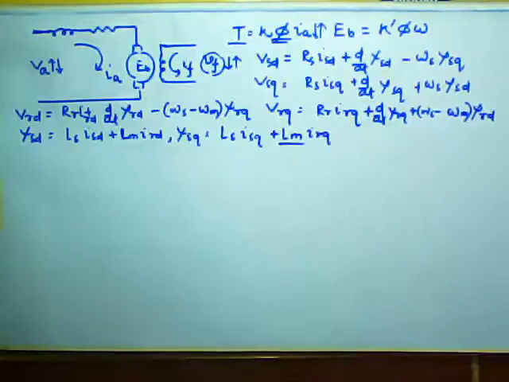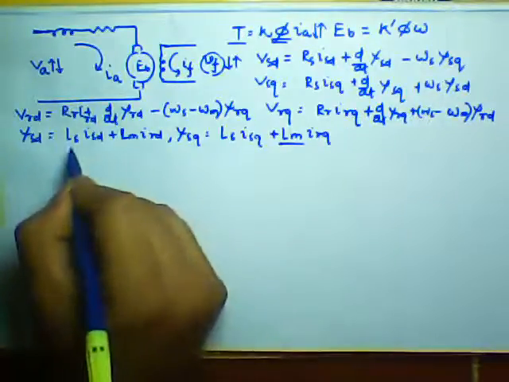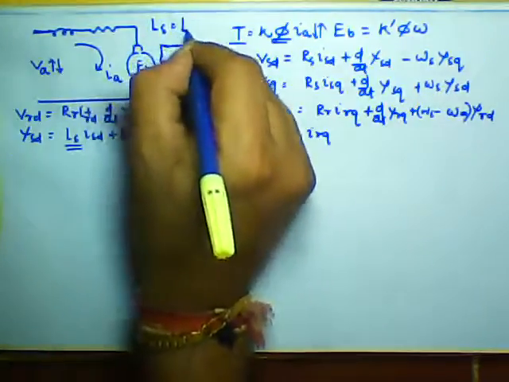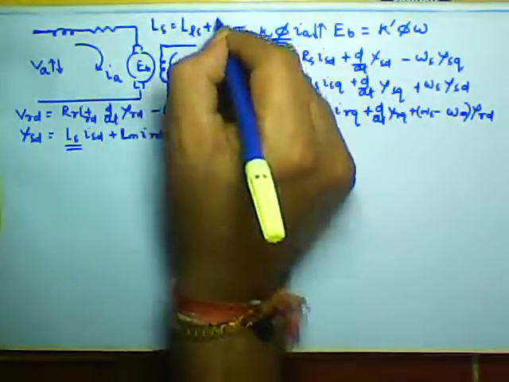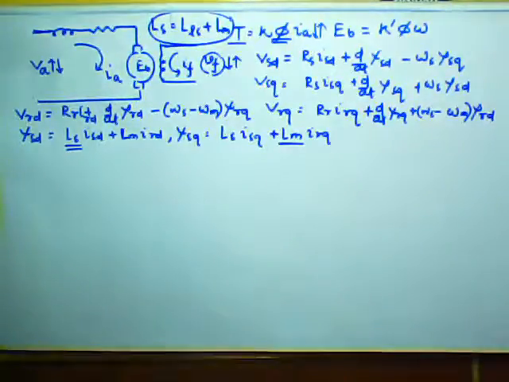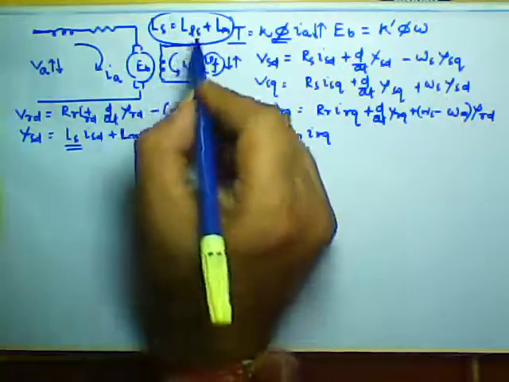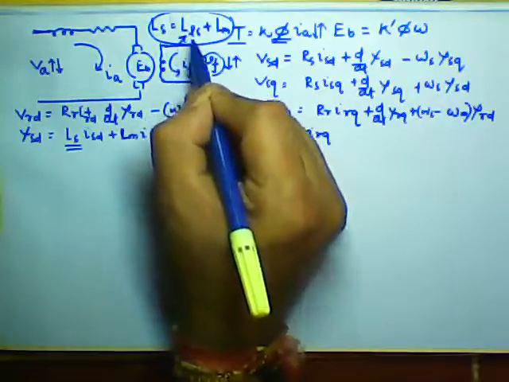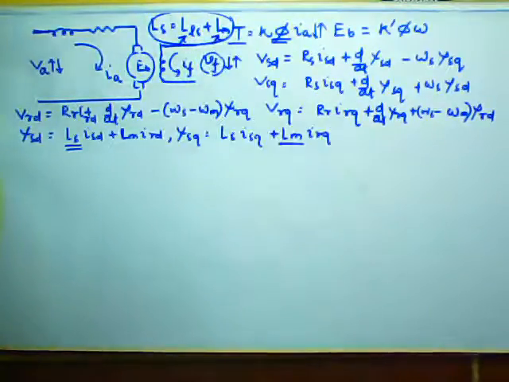This LM is the mutual inductance of the machine. And what is LS? This LS is leakage plus mutual. This is the total inductance of the machine, and that is given by the leakage part and the mutual part. Okay, so this is the thing.